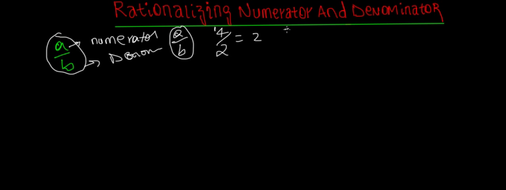But in some cases that's not the case, because you would end up with something that has a denominator having a radical or square root format. In that case, you would apply this method, rationalizing the numerator and denominator. I'm going to show you how to do that.